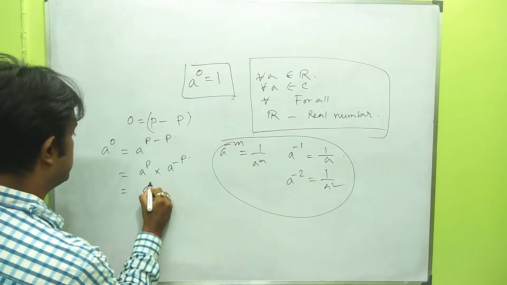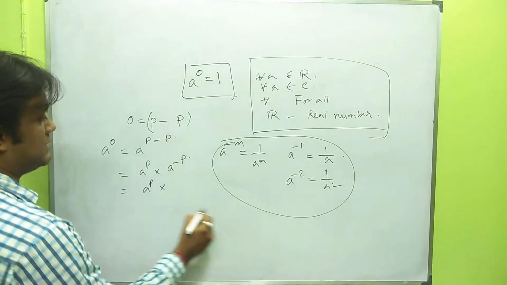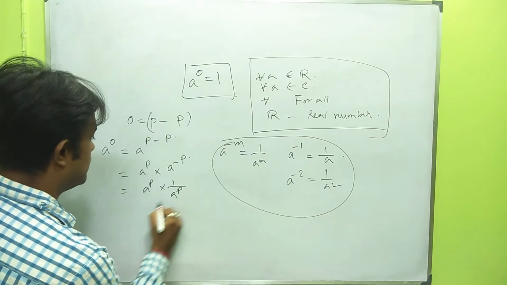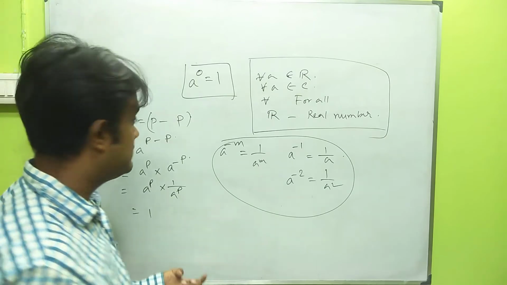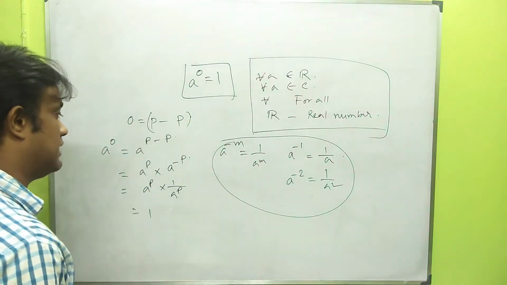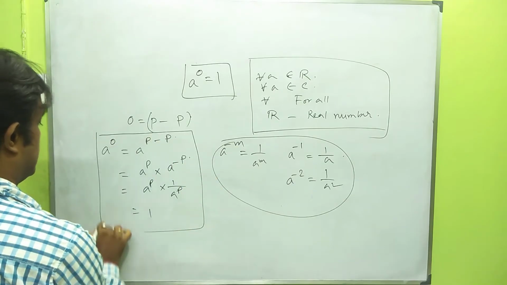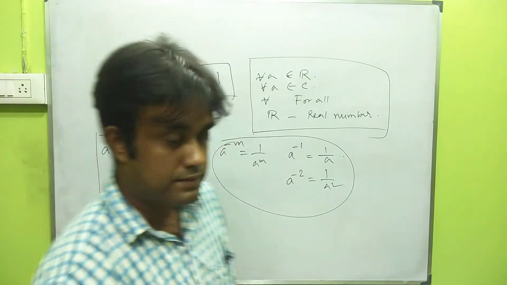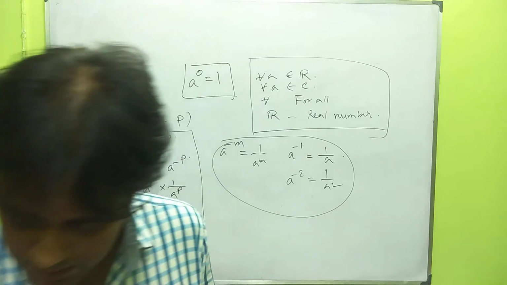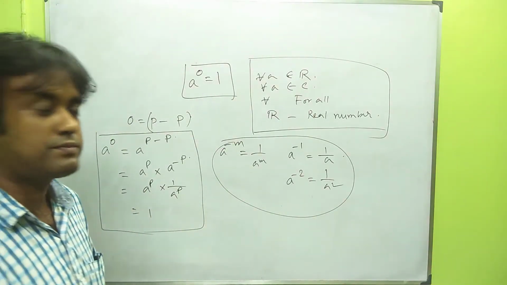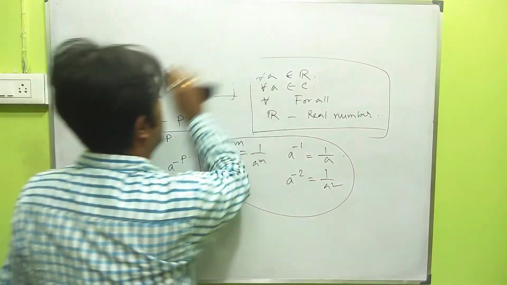So a to the power p and a to the power minus p will be a to the power p times 1 by a to the power p. So it is very obvious that a to the power 0 is equal to 1, and I think it is very clear. So, come to the next point.